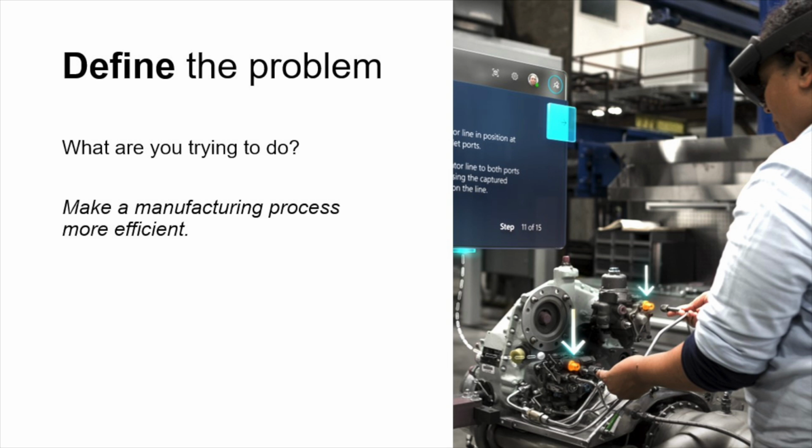So this project is about manufacturing, and we can start with the same question though. What are you trying to do? Well, in this case, people are trying to make a manufacturing process more efficient. Optimization is extremely important in some of these settings.